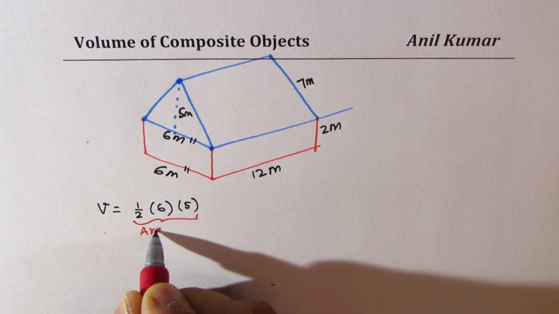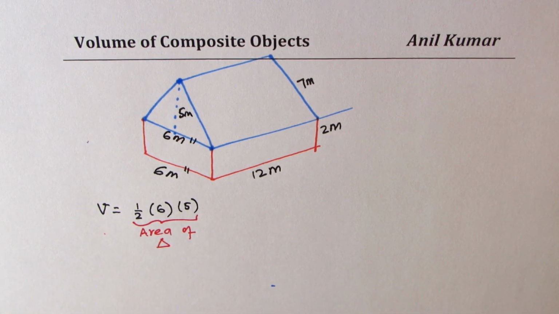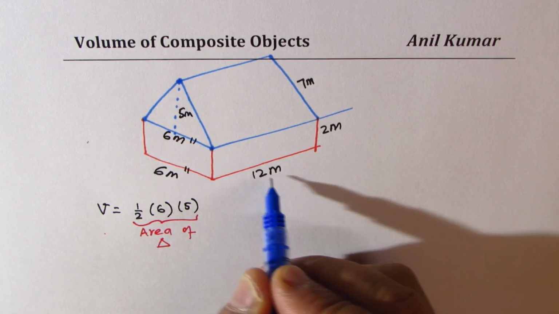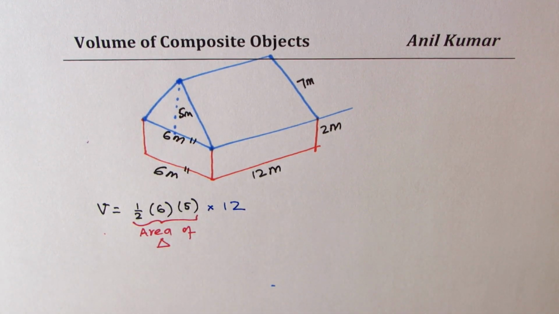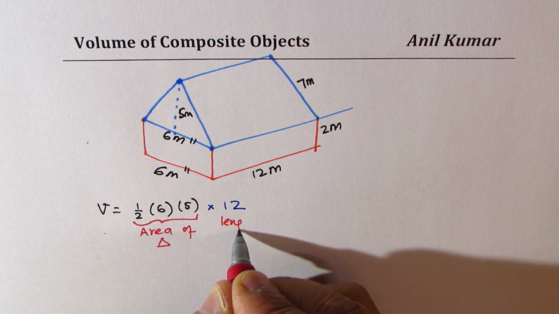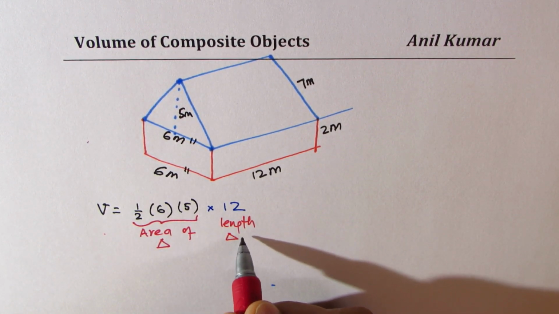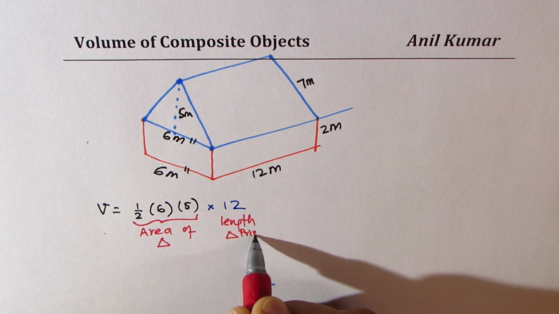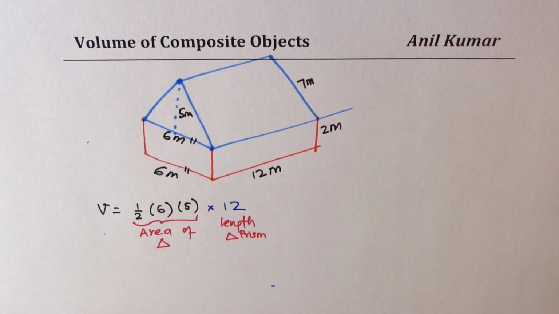We are going to multiply this area of the triangle with 12 meters, which is the length of the triangular prism. That gives you the volume of the top portion.